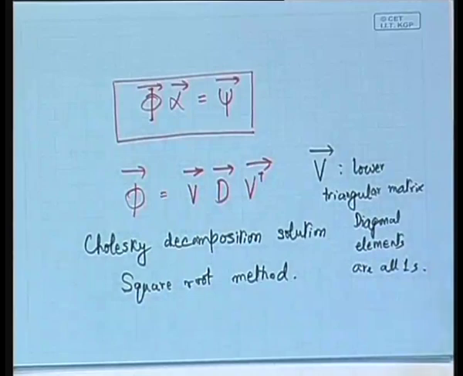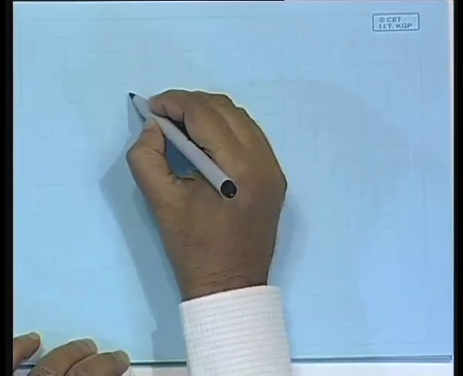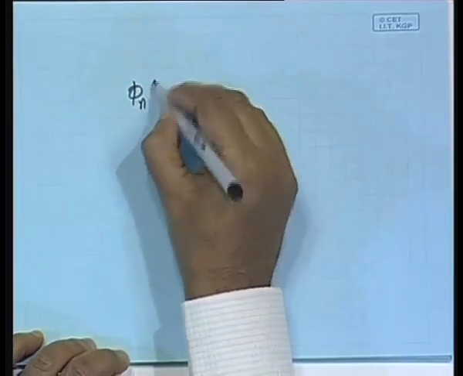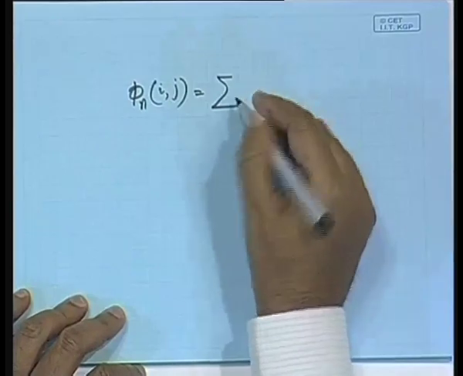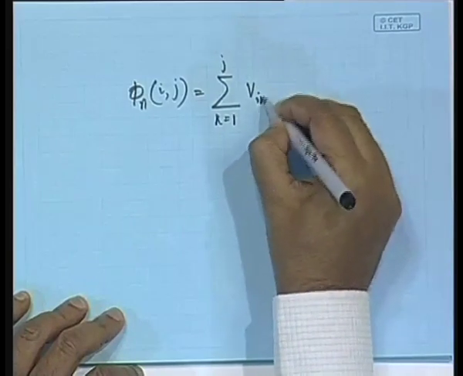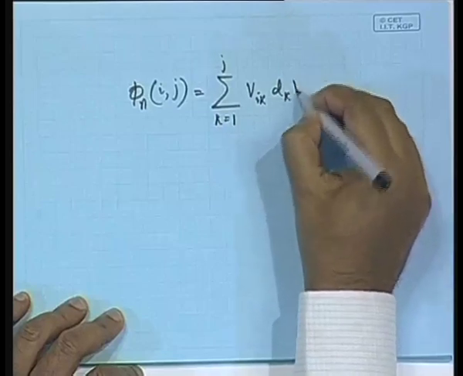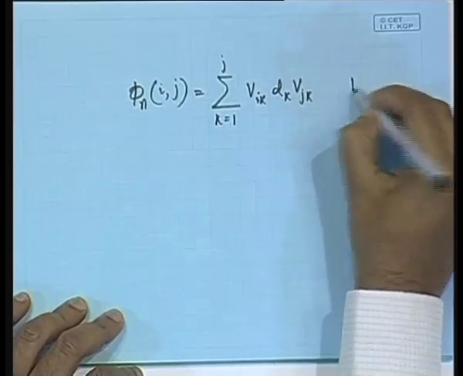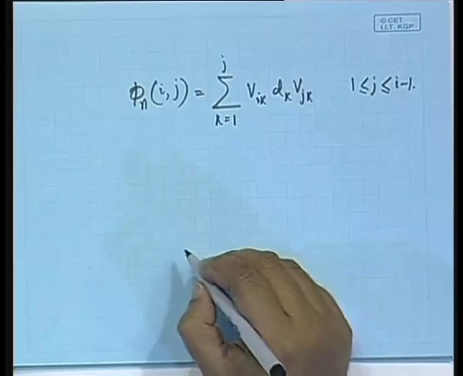The ijth element equation would look like phi n ij. Mind you, now there is no more vector or matrix notation; now I am back again to the scalar. So phi n ij is equal to summation k is equal to 1 to j of v i k into d k, that is to say the diagonal matrix element, into v j k, and this j lies between 1 and i minus 1.